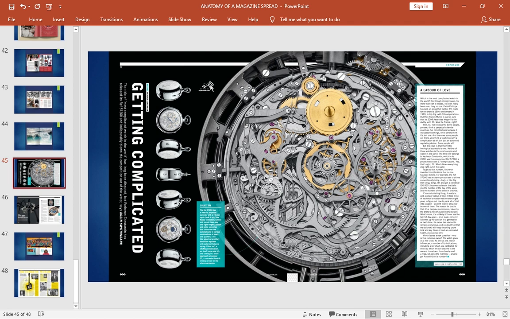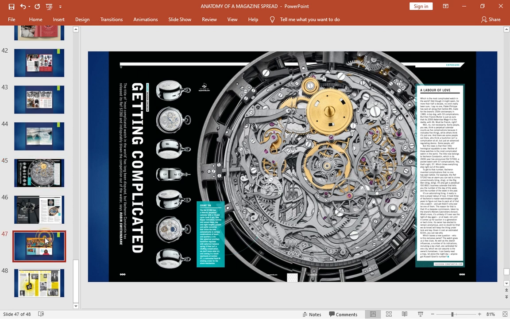Now we can be playful and creative with our images. You can see that in this image, the line is running across at the back of the image, so it is creative.